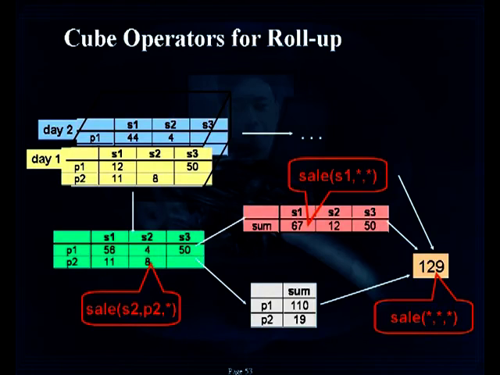On day 1, what are the total sales for product P2? Similarly on day 2, and for day K. And these total sales must be computed for all locations, all stores. So you are computing the sales for product P2 over all dates and all locations.